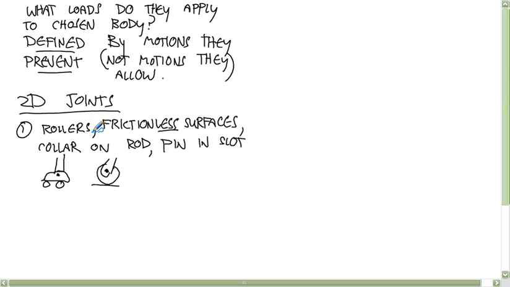So those are rollers. Frictionless surfaces, you'll just see the surface and an object that ends like that, and it'll say something in the problem about it being frictionless.